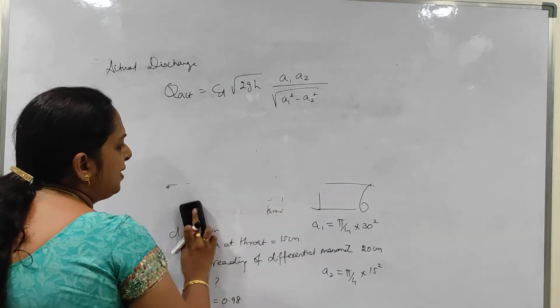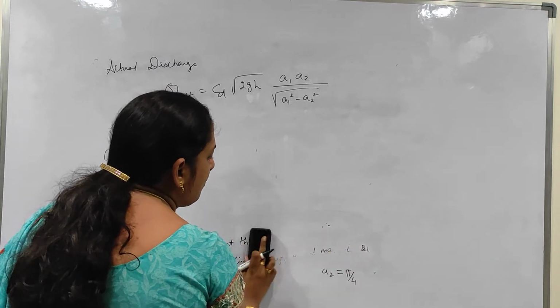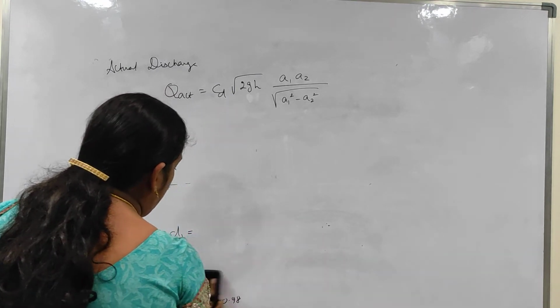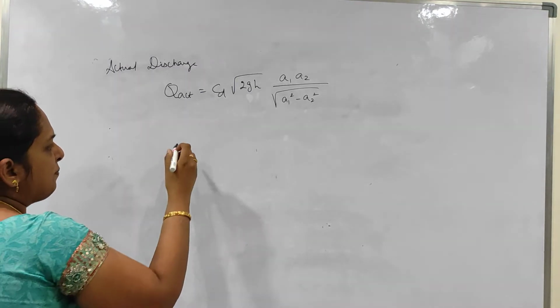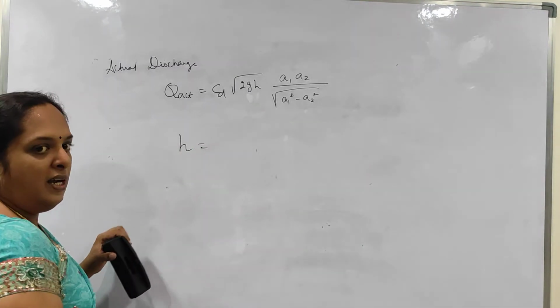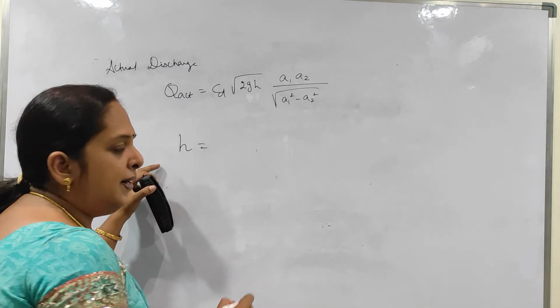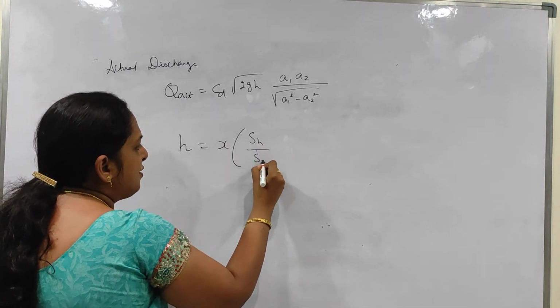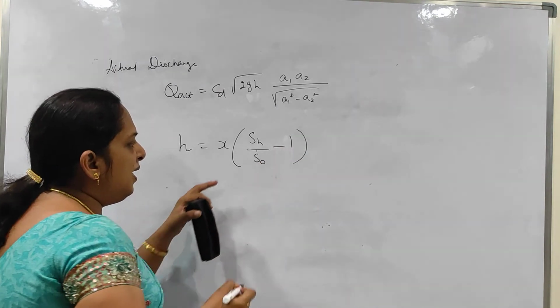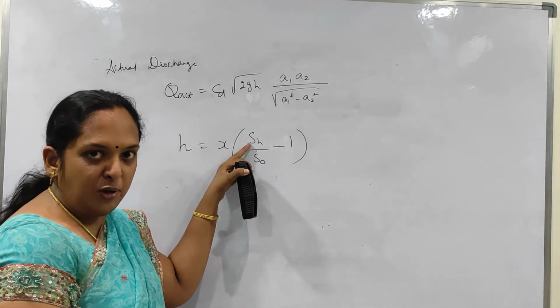So here you are going to have just substitution. Before going to substitution, we will find out what is H. What is the formula for H we have seen? H is equal to X into (Sh by So minus 1). Am I right? Where Sh is the specific gravity of the heavier liquid.